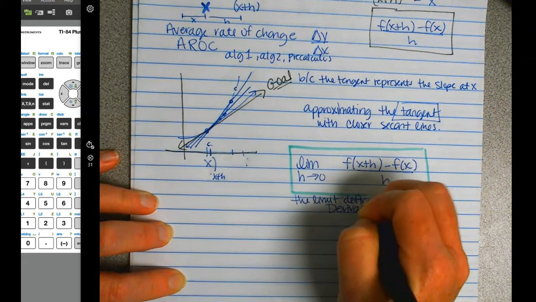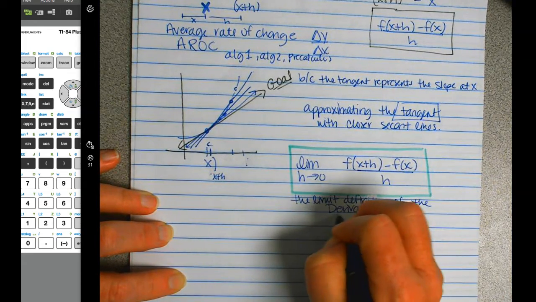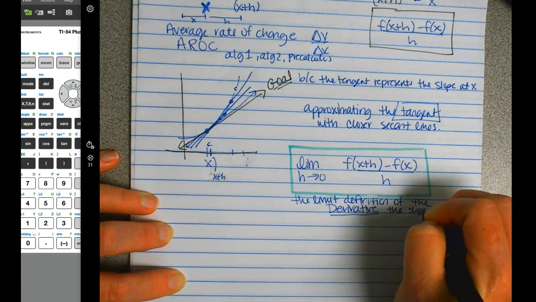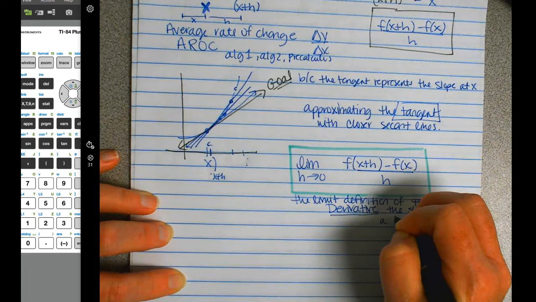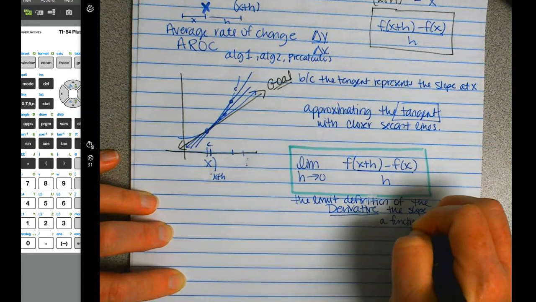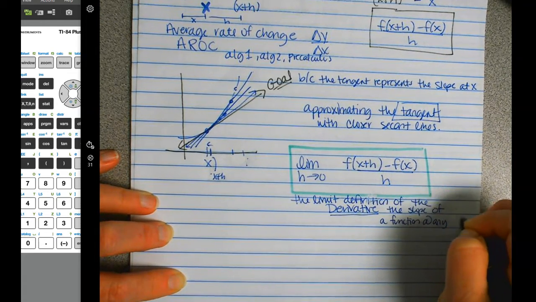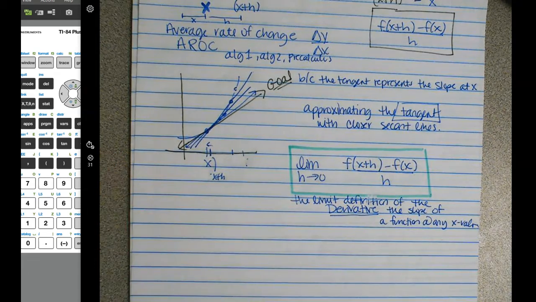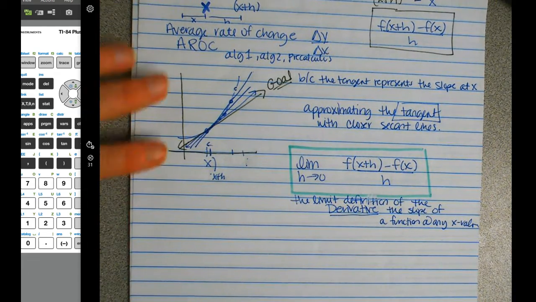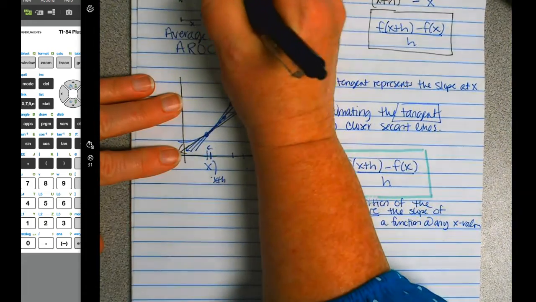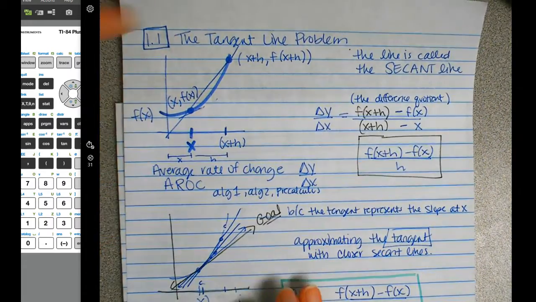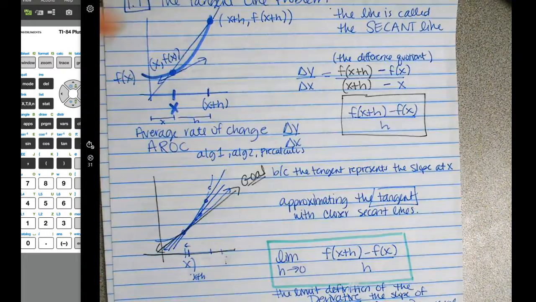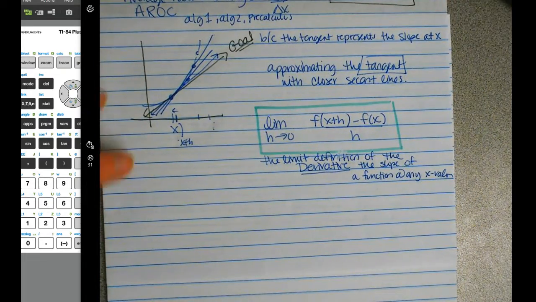Derivative, and we haven't really defined derivative yet, but that means the slope of a function at any point, or any x value. So that lets us find the slope of this curvy line here at x, which is what we're looking for. There we go. This original one, that's our goal. Okay, back to here. So the tangent line problem.